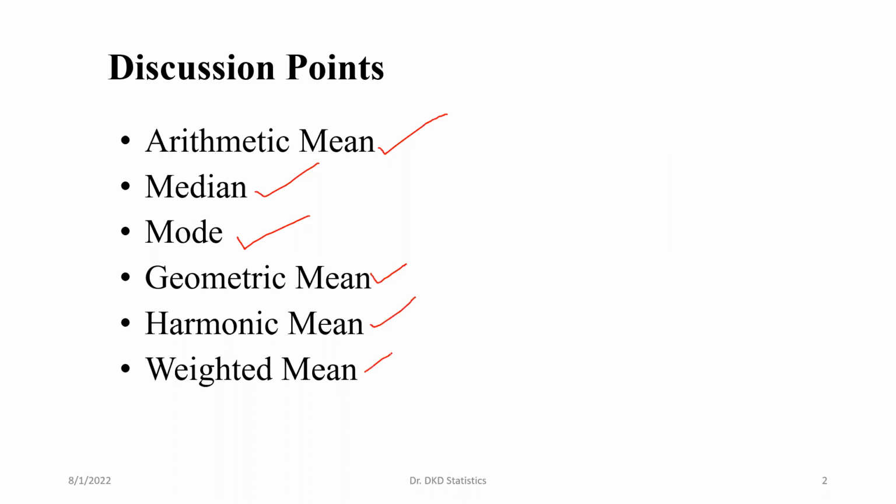If we are talking about measures of central tendency, these 5 points come under it: arithmetic mean, median, mode, geometric mean, and harmonic mean. Weighted mean is one additional point, so we'll discuss it, but only 5 points are important in measures of central tendency.